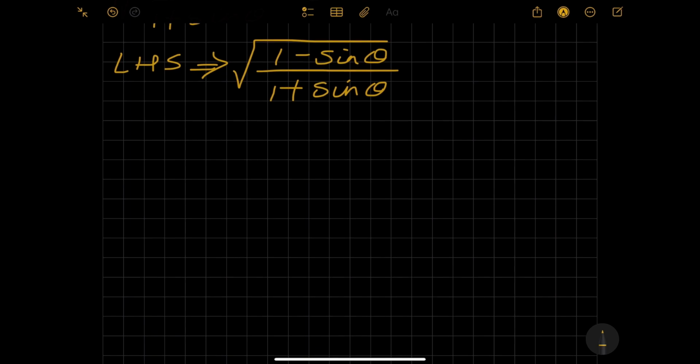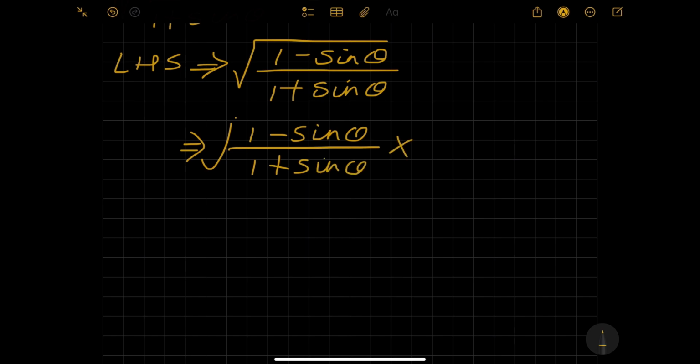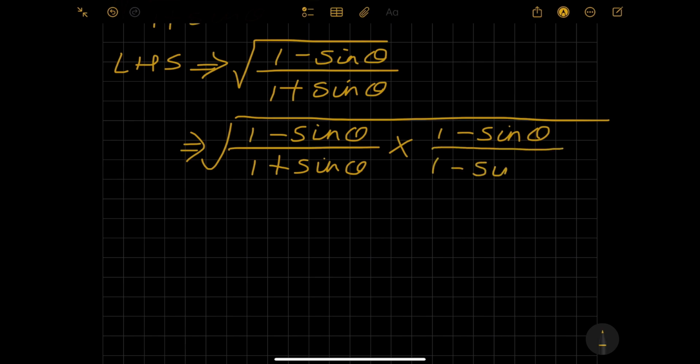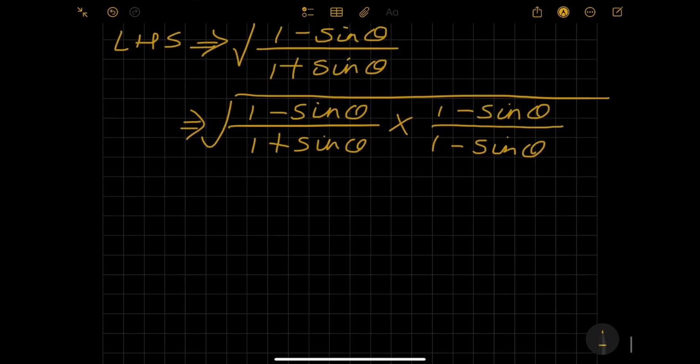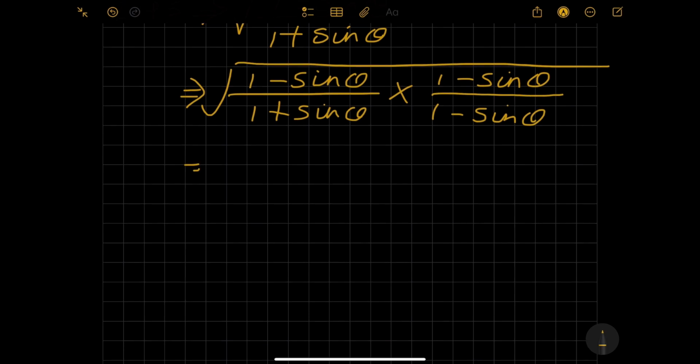Now we'll do the rationalization over here to get the answer. So (1 subtract sin theta) over (1 plus sin theta), and we multiply it, inside the square root, by the opposite sign of the denominator, which is (1 subtract sin theta) over (1 subtract sin theta). Clear?